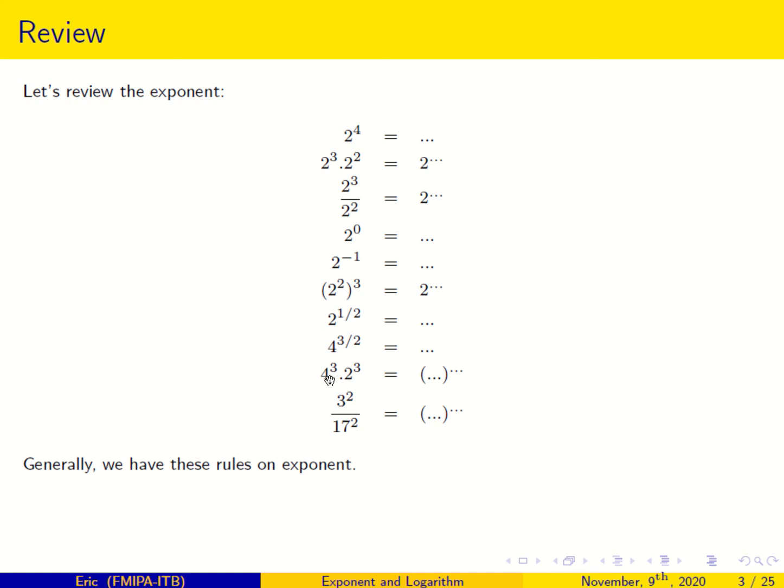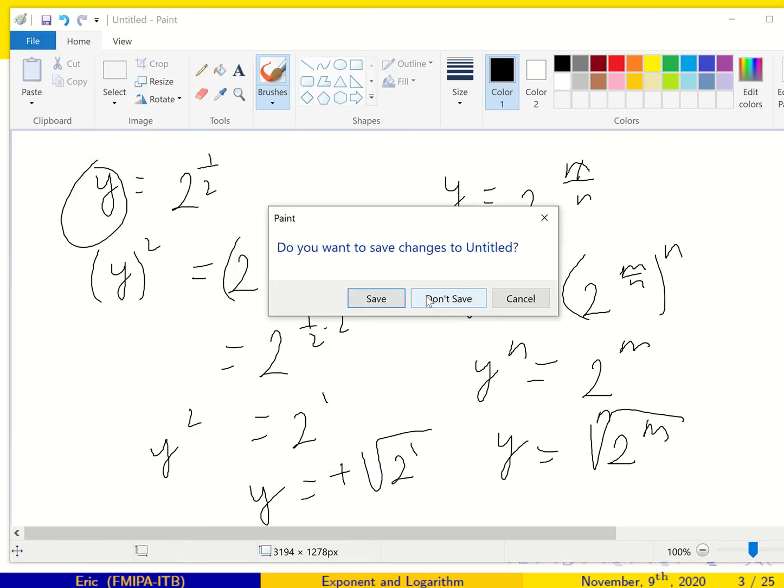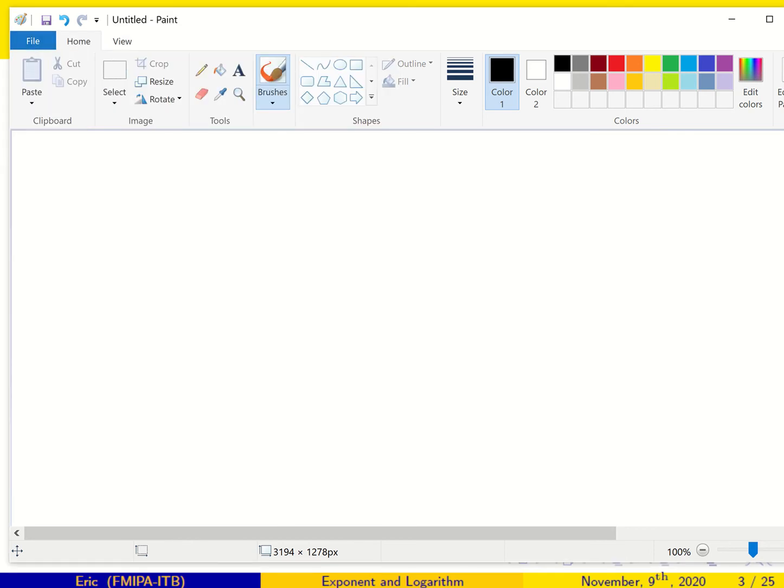Okay, so you have this one and this one. If I have 4 to the 3 times 2 to the 3, this is the same as 4 times 2, to the 3. So if I have 4 to the power of 3 times 2 to the power of 3, this is the same as 4, 4, 4, 2, 2, 2.